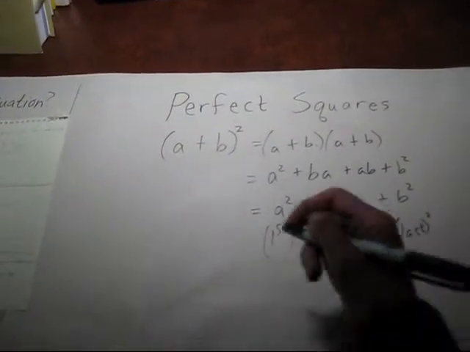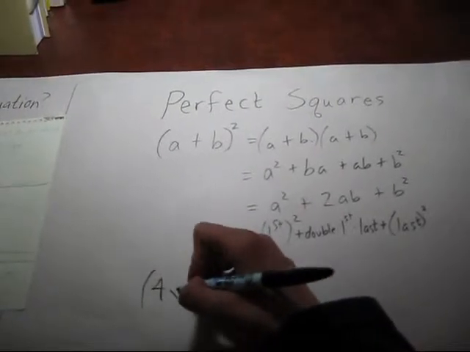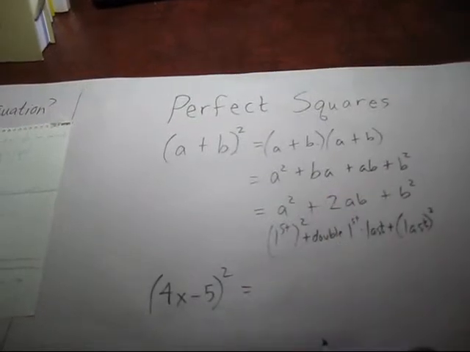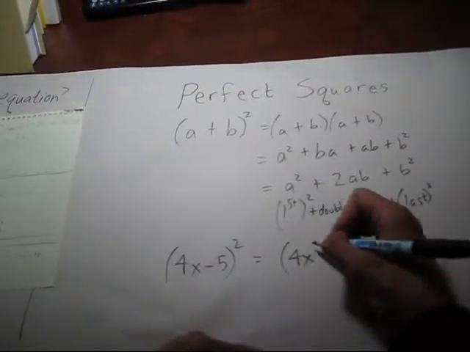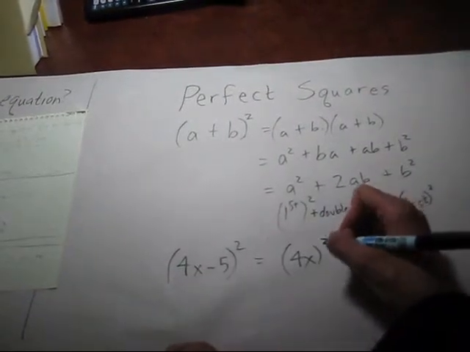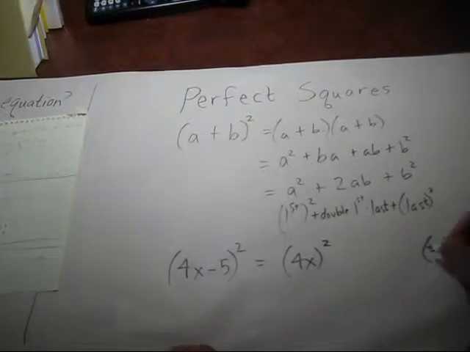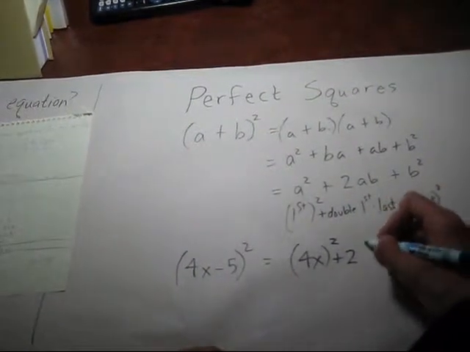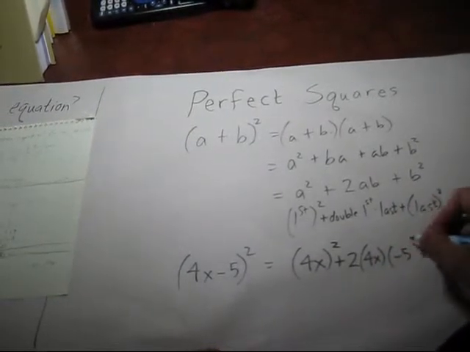Real quick, let's use what we just did to FOIL out 4x minus 5 quantity squared without really FOILing it. So first we're going to have the first part squared. At the end we're going to have our last squared. And in the middle we have double the first and the last.